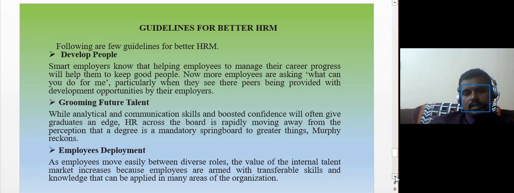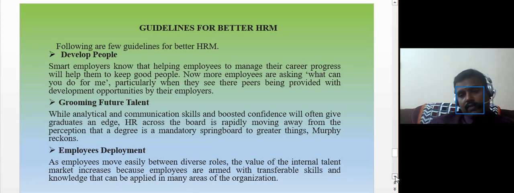And employee deployment, which means effectiveness. In what way are the employees developing their skills, and what are the hurdles they are facing to learn particular concepts, particularly the new concepts?